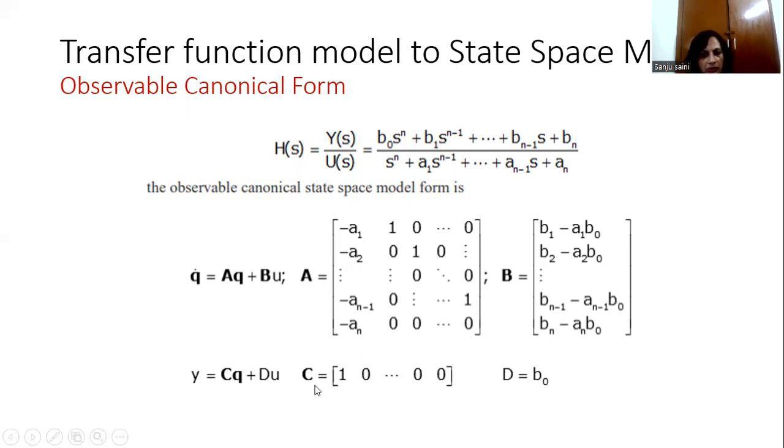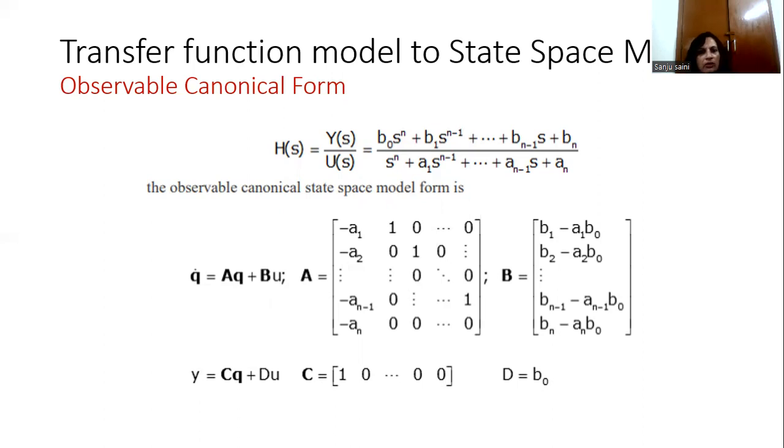B can be written as equal to this, C can be written as equal to this, and D can be written as equal to this. So it means that it is possible to convert the transfer function model to the state variable model directly, and the state variable model to the transfer function model directly, and get the benefit of each model wherever required.